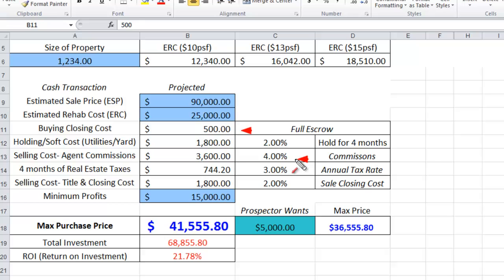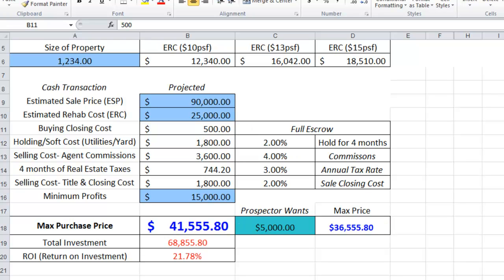The commissions are less because George is an agent himself. So in essence, you can wholesale the property for more, which means you can pay more. And that is the summary of the SOS.